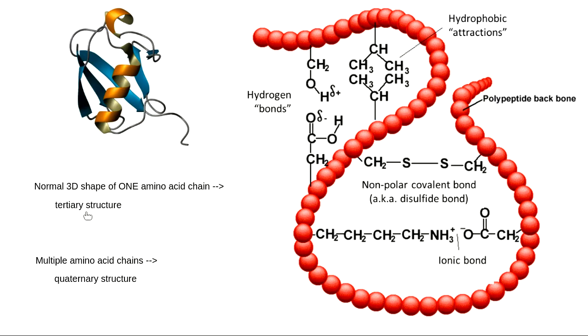Because remember, the problem with sickle cell anemia is that a couple of the chains that make up this really big protein structure are shaped wrong. 2 of them are right, 2 of them are wrong. The 2 that are wrong make it so that my protein can't do its job. So 3D shape of 1 chain by itself, that's the tertiary structure. Quaternary structure is when I put more than 1 chain together.